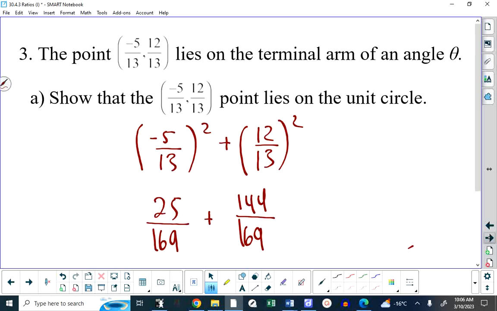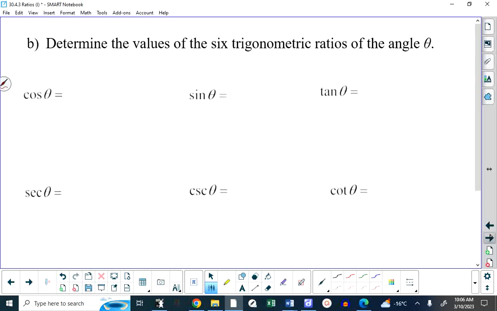It becomes positive. 25 plus 144 is 169. This is 169 over 169. This equals 1. What does that mean? It means that to find the trigonometric ratios, we can use r equals 1.